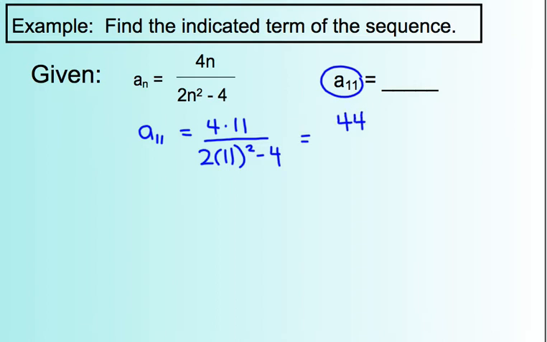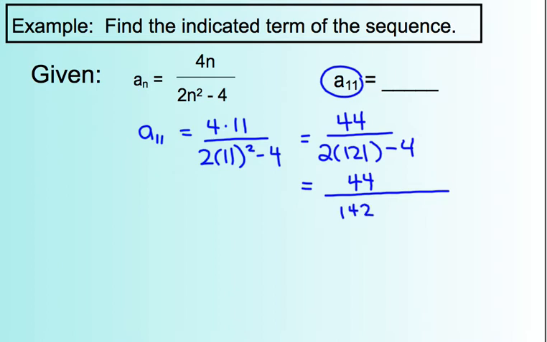So we're going to put 44 in the numerator. 11 times 11 is 121. 2 times 121 is 242 minus 44, 198, and then just reduce that down, and you'll get your answer.